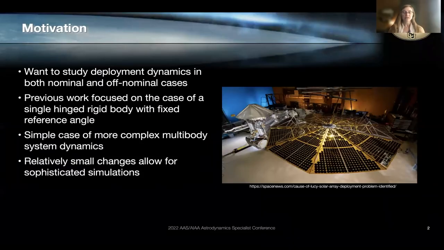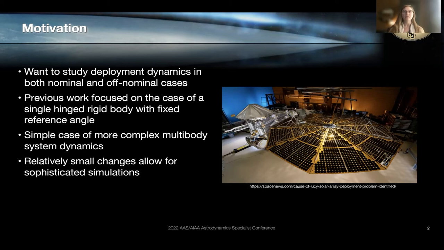So I'm going to start with why do we care about this? What's important? Previous work had looked at hinged rigid bodies attached through a central rigid spacecraft hub, but that was in a particular case.